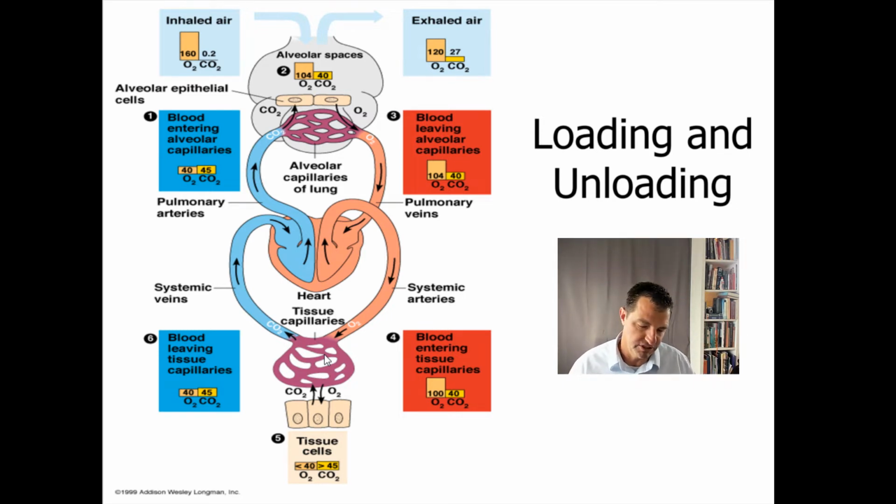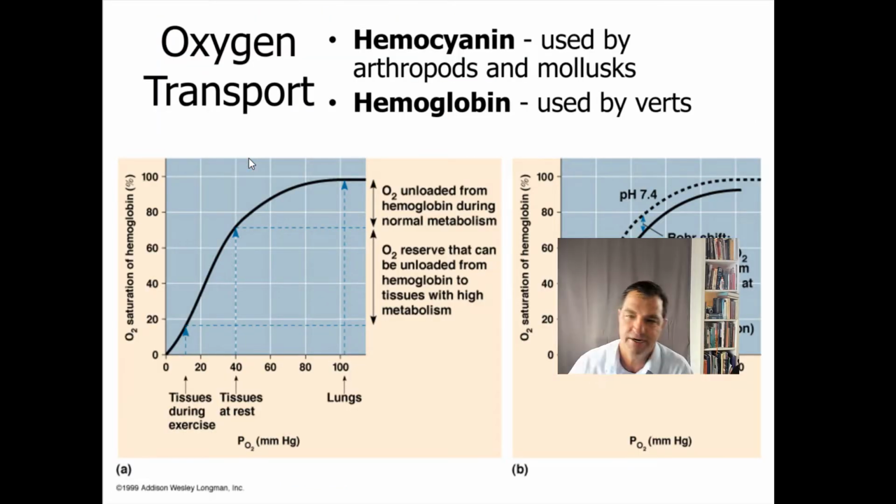And as it delivers the nutrients there and the oxygen, it picks up waste products, brings that back to the heart, and then that pumps it to the lungs, and things like CO2 then get removed from the body. That's how it works. So in this case, we're talking about loading and unloading of oxygen and carbon dioxide.